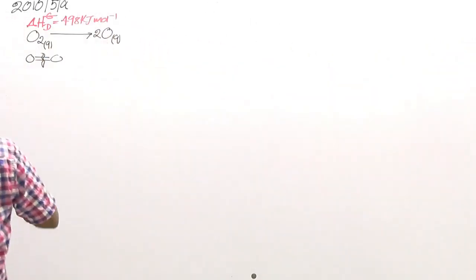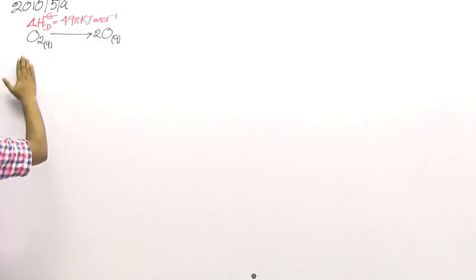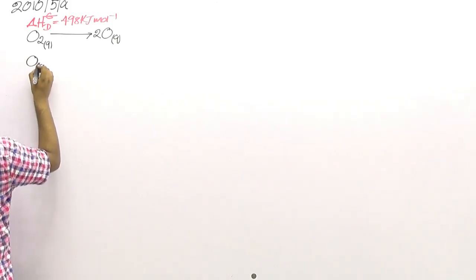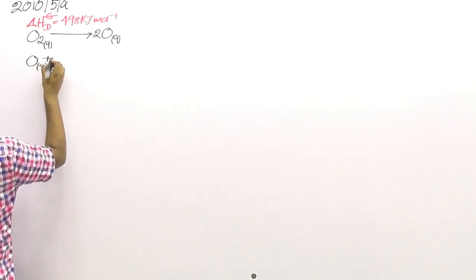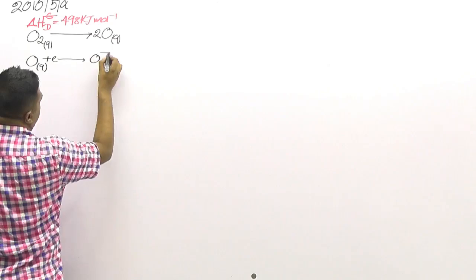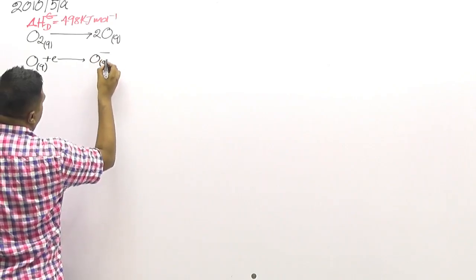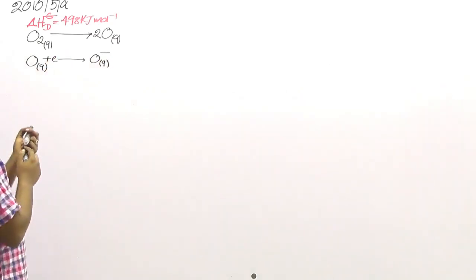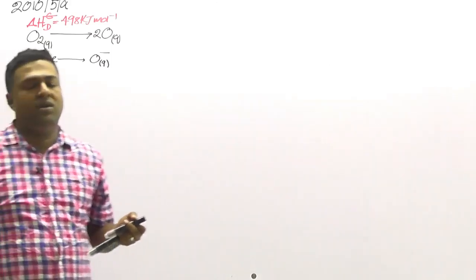Then the first electron affinity of oxygen. I have mentioned in an earlier question that according to the new syllabus, we consider this as electron gain enthalpy, right?